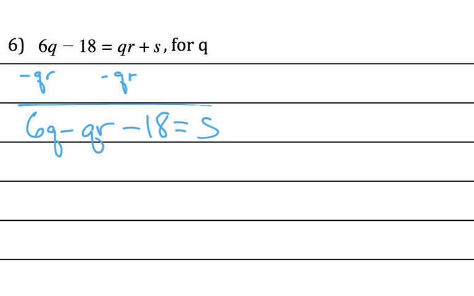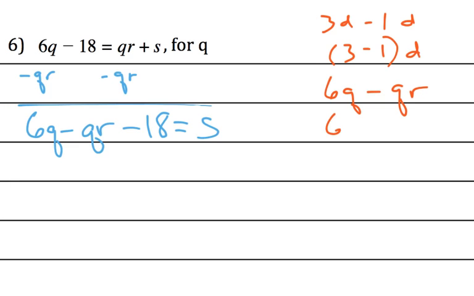And it's kind of like the same deal. You know how in that last one we just had 3d minus 2d? Or was it 3d minus 1d? I mean, that's the same as saying it was 3 minus 1 times d, wasn't it? So wouldn't this one, if I thought of it as 6q minus qr, isn't that like combining like terms where I'm just saying, well, I have to do 6 minus r, don't I?